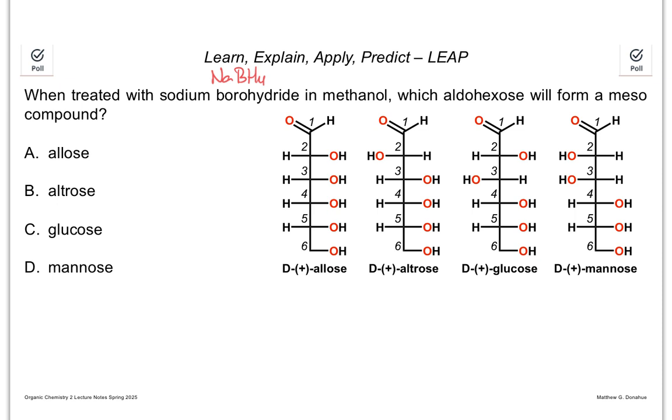It has hydride in the name, so it's a reducing agent. This one's specific for oxidation state 2. So we're dealing with an aldehyde. That has to get reduced to a primary alcohol. So it says when you do that, which one gives you a meso compound?